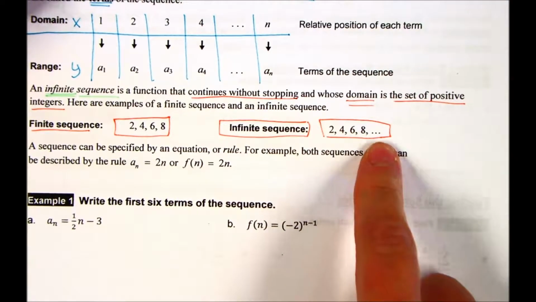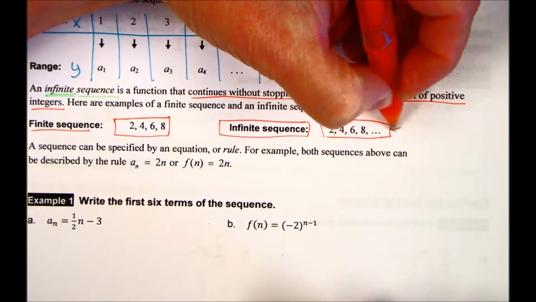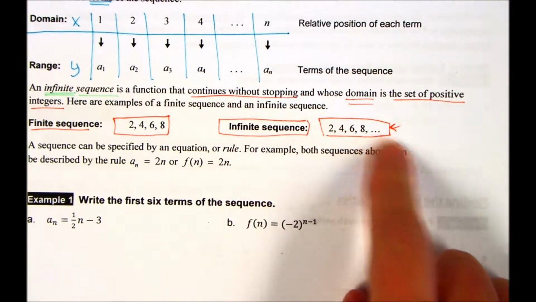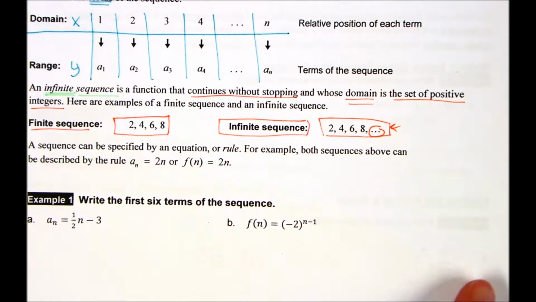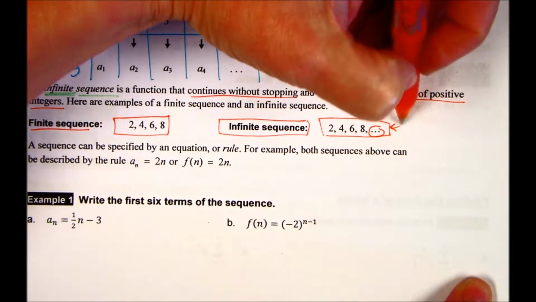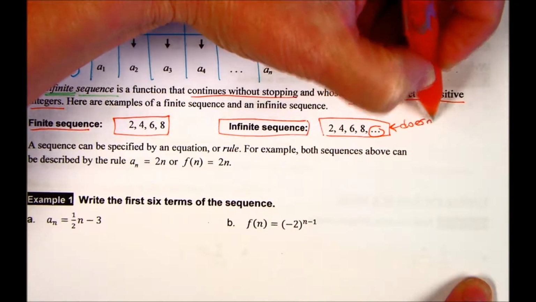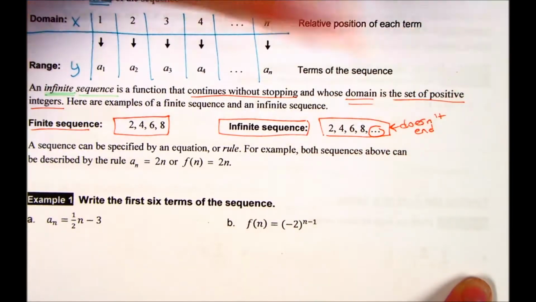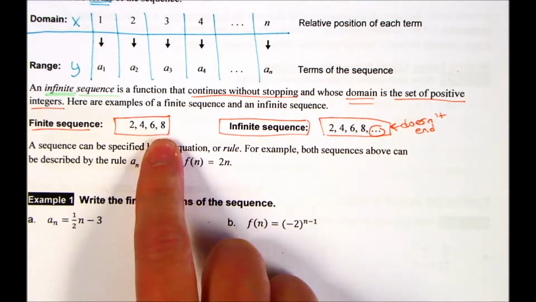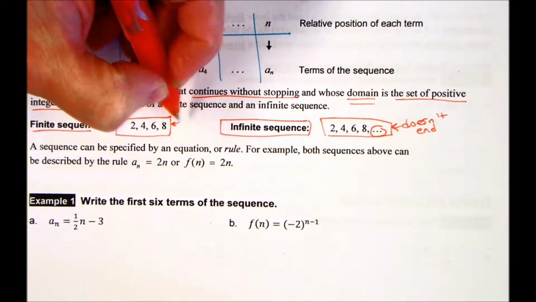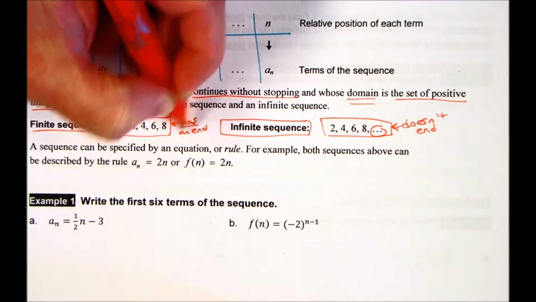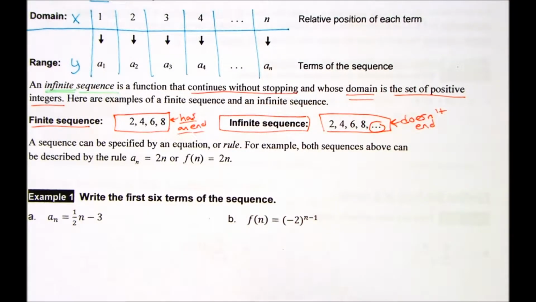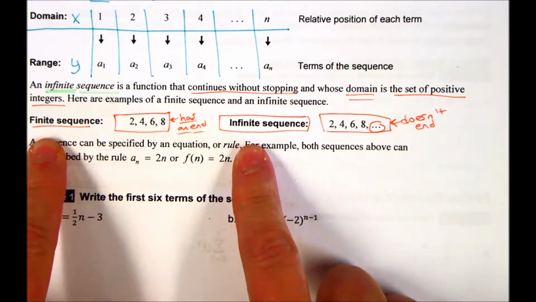When it's an infinite series or sequence, it's going to have those dot, dot, dots at the end. So that's really important if you're showing that it's an infinite sequence. So it doesn't end. But here we don't see the dot, dot, dot at the end. So it has an end. So that's important when you are discussing the difference between finite and infinite.